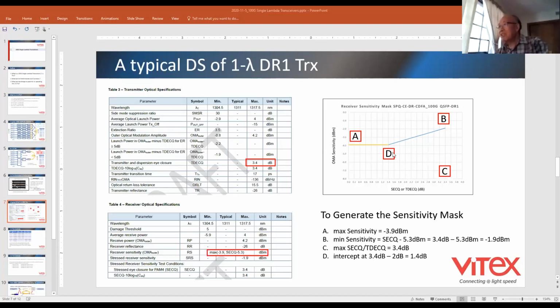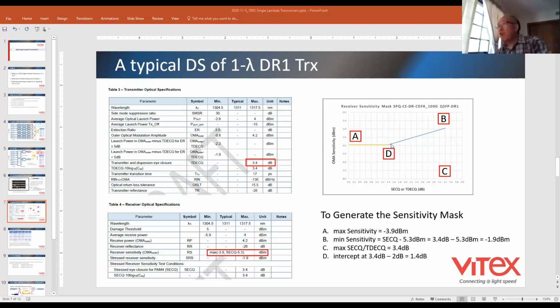You can see basically this curve goes from here to here. The supplier would give you a guarantee of this sensitivity, which is minus 3.9 dBm in OMA, with the theta Q from 0 to 1.4. Basically, that's what it says.